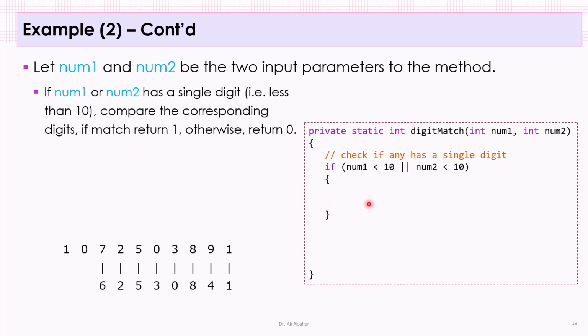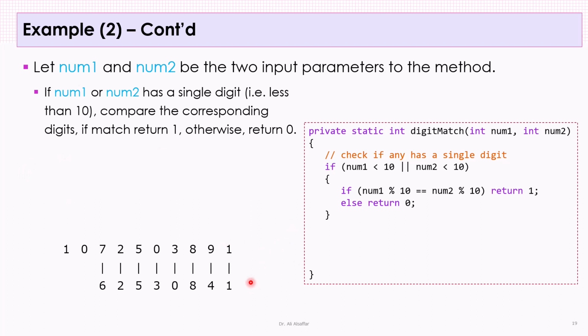And now to implement it, we write an if statement by testing if num1 is less than 10 or num2 is less than 10. Then we need to match this remaining digit with its corresponding digit in the other number. If there is a match, then the method returns 1, otherwise it returns 0. So for this example, you see that the first number has more digits than the second number.